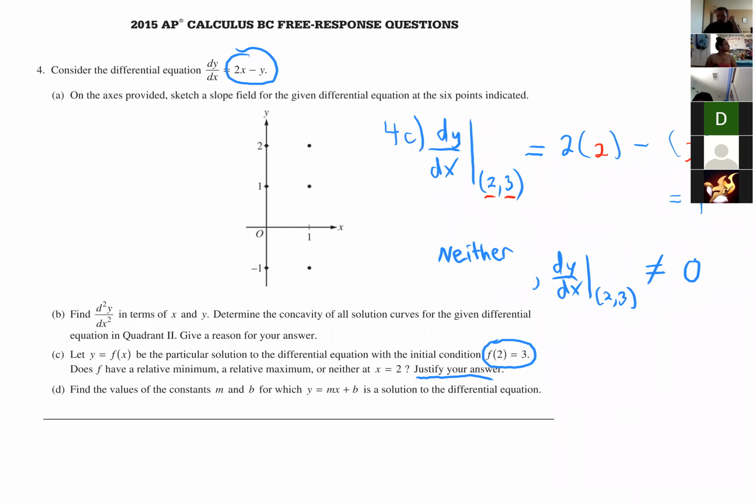I'd probably state it does not equal 0, because that's how you know it's not a max, since it could be positive or negative. As long as it's not 0, that would make it neither.